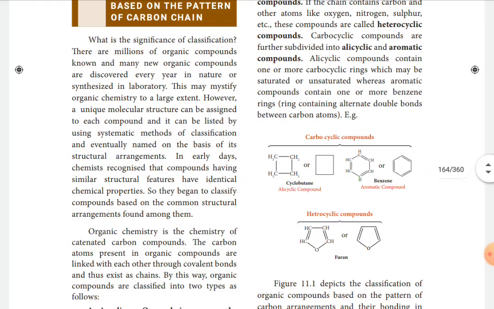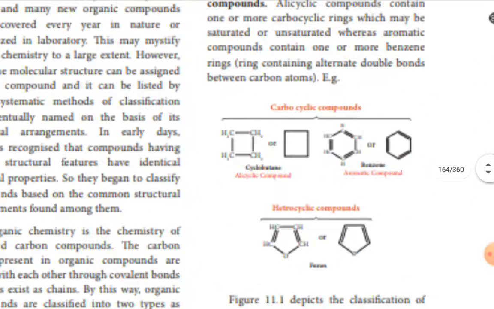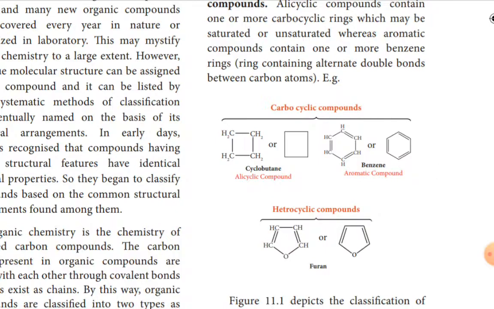In the carbocyclic compounds, cyclobutane is alicyclic, and it possesses one or more carbocyclic rings. Next, see benzene, that is aromatic, which has alternate double bonds between the carbon atoms.